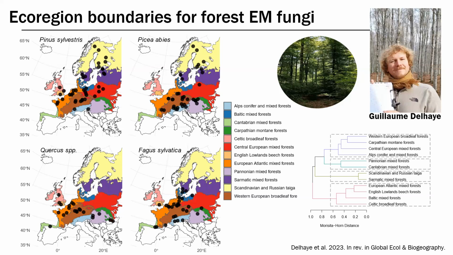So we thought that we could use our data set to try to find some patterns, and he has found that despite different groups having different distributions, most of them follow ecoregions. So fungi in forests within an ecoregion, even if they are in forests that are far apart, are more similar than fungi that are in nearby forests that belong to different ecoregions. And this is independent of climate and host. Hopefully he will publish the results and you will be able to see a little bit more.